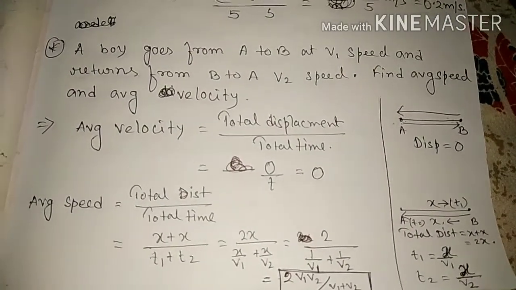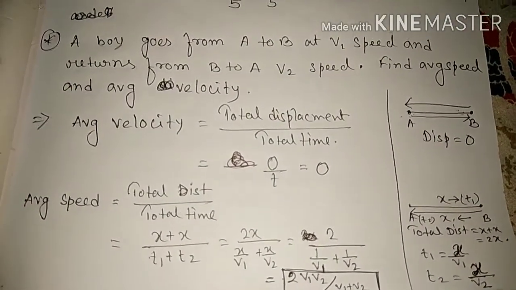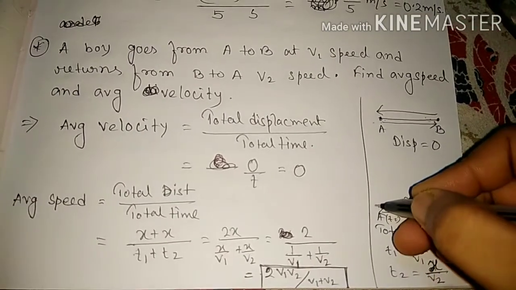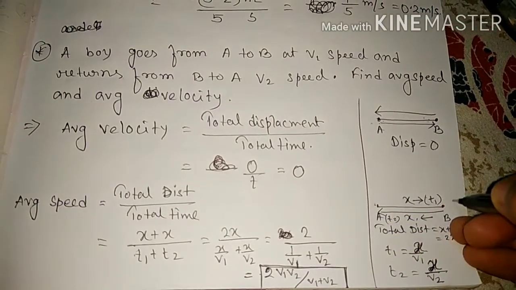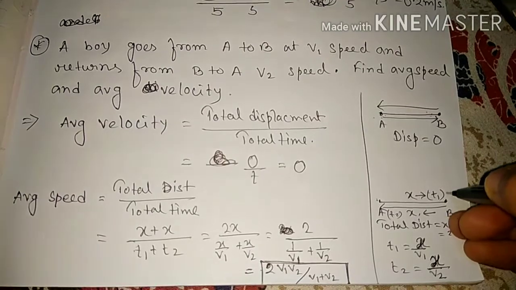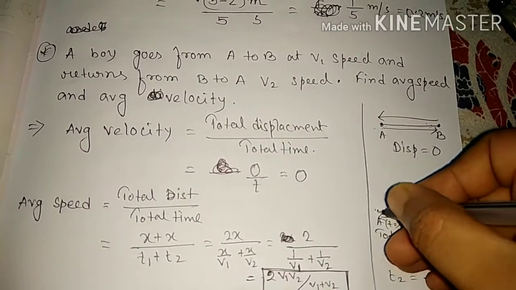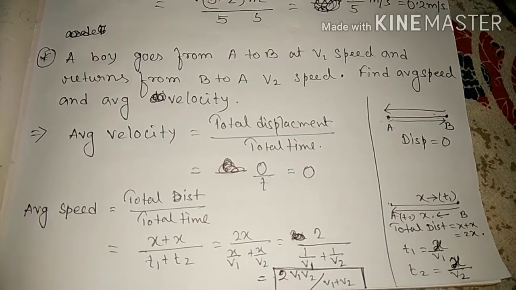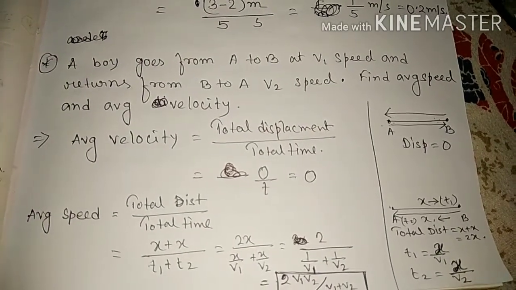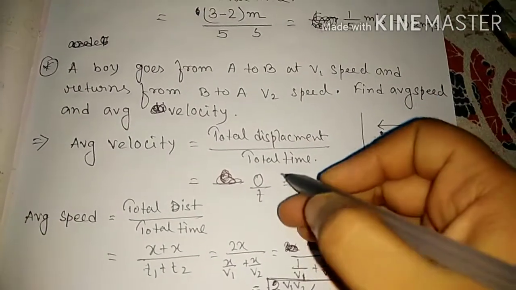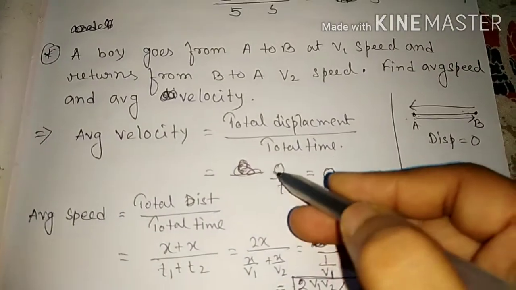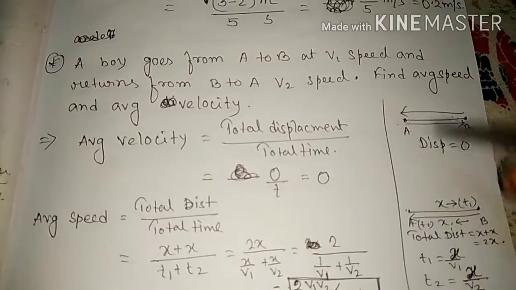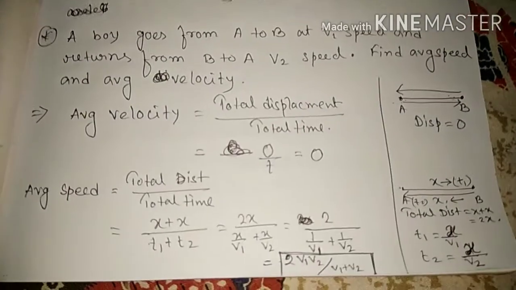Average velocity means total displacement by total time. It started from A, reaches B, then again started from B and reaches point A. So ultimately the final point and initial point are the same, A. So no displacement is there. Displacement is 0, and if we consider total time is t, then 0 by t is 0. So average velocity in this condition is 0.